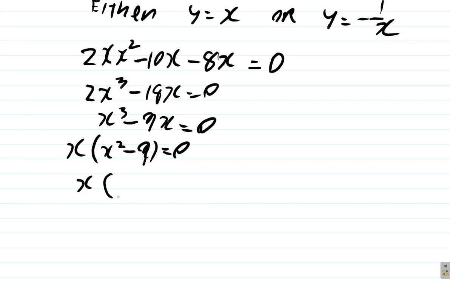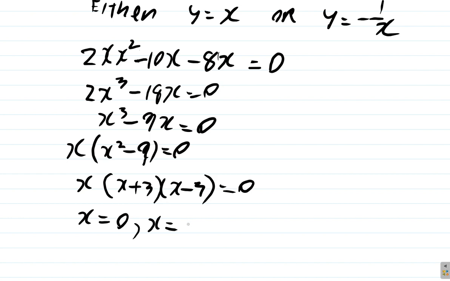So we have x plus 3, x minus 3 equals 0. So here x would be 0, or x would be negative 3, or x would be positive 3. So you see, we have to make use of our knowledge of algebra when solving difference of two squares.